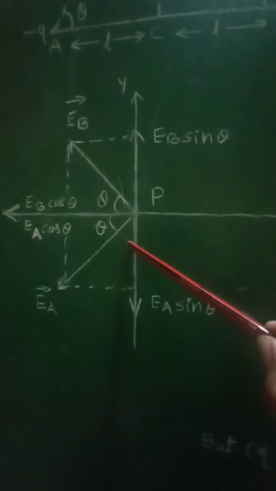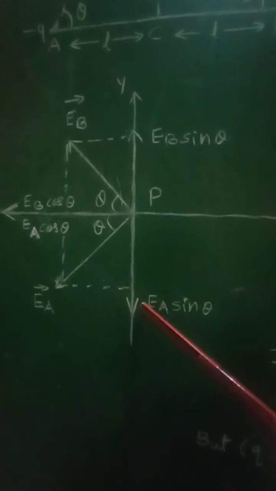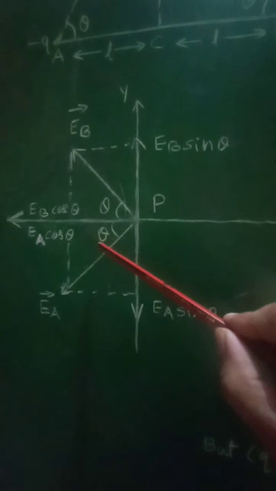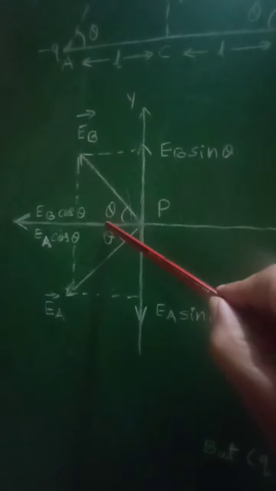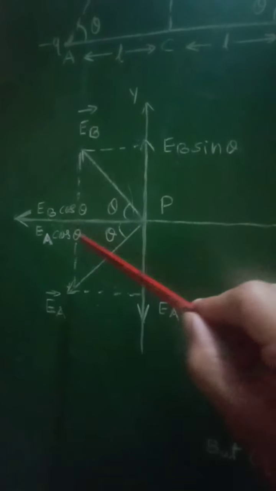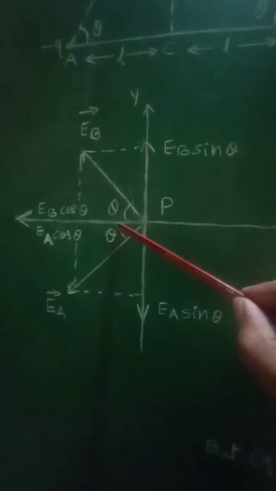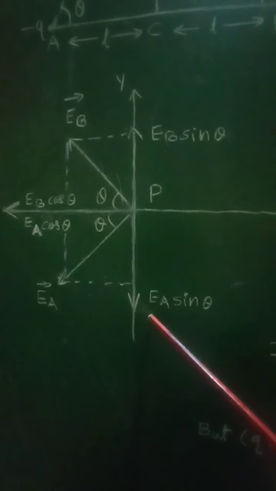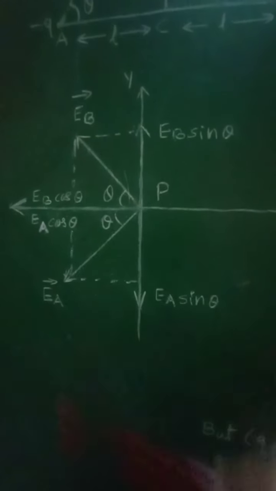This side will be similar to this side, and therefore this vertically downward directed component will be EA sine theta. Similarly, from this triangle, this side will represent the adjacent side, so the adjacent side will be equal to hypotenuse into cos theta, and therefore again this component will be EA cos theta. So EA will be resolved into two perpendicular components, that is EA sine theta and EA cos theta.